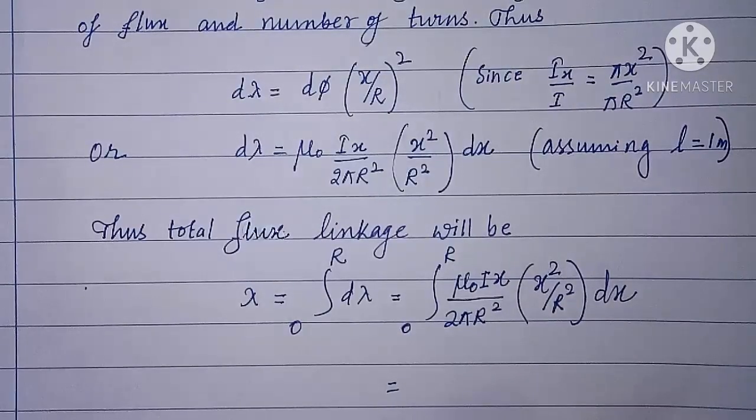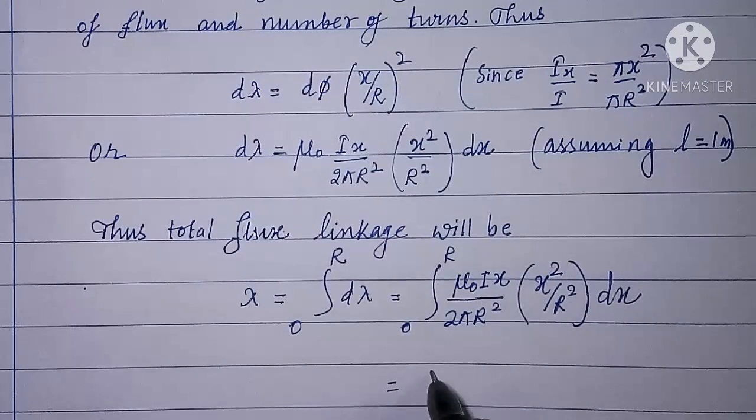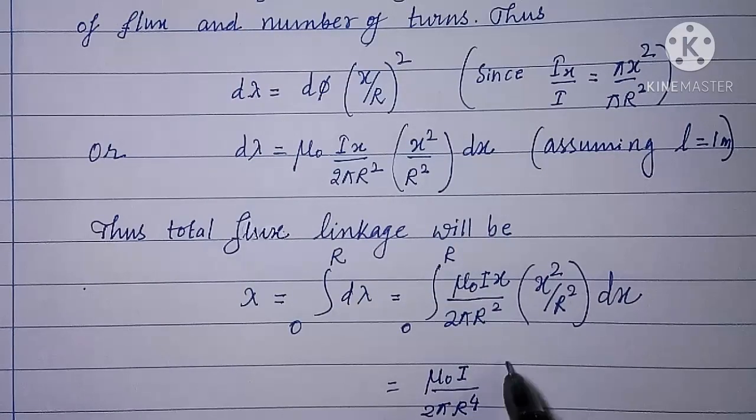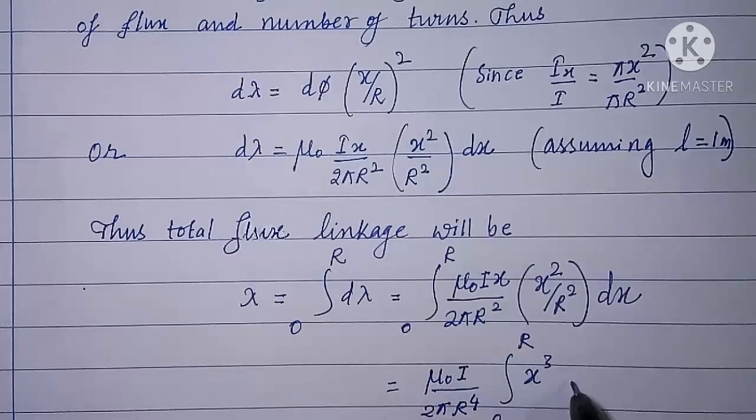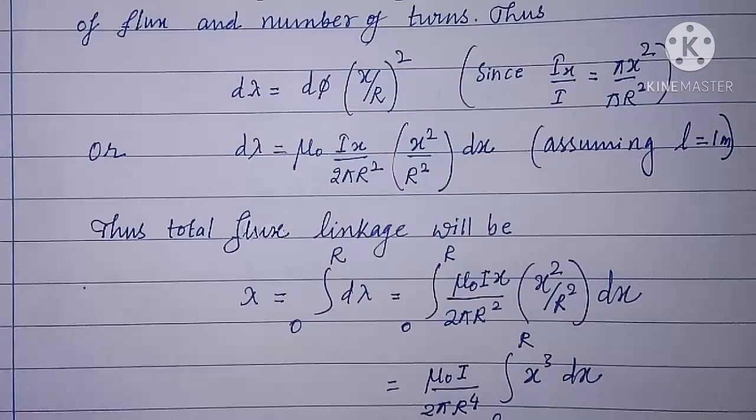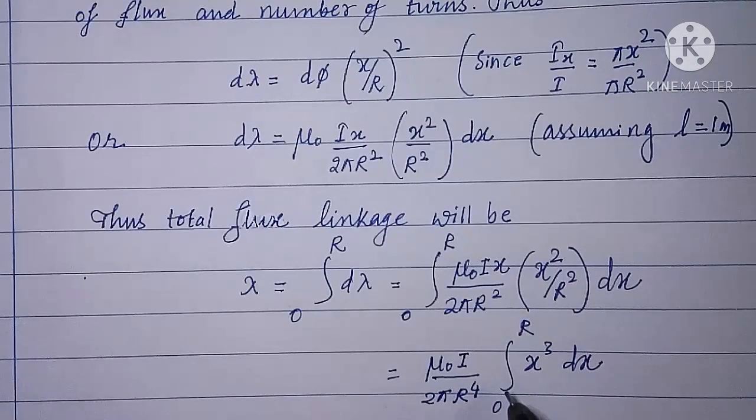We will take the constant terms outside. μ0 is constant. Current flowing through the conductor is also constant, divided by 2 π r⁴, integration of x³ dx from 0 to r. You know that integration of x³ will be x⁴ upon 4.